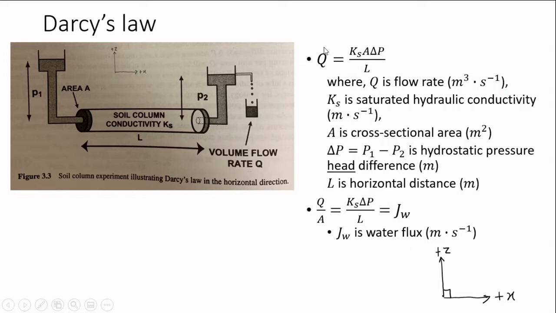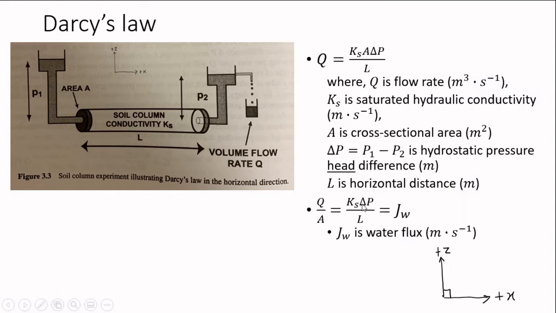All right. So if you take Q and divide by the area A, you will get Ks, the saturated hydraulic conductivity, multiplied by the hydrostatic pressure head difference, and then divided by L, which is equal to Jw, which is called the water flux. So the water flux has a unit of meter over second.